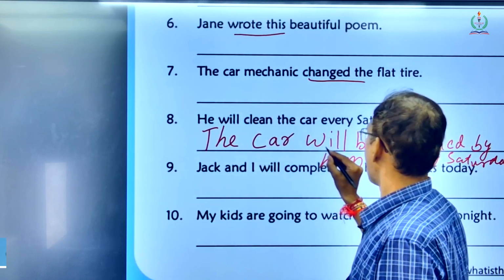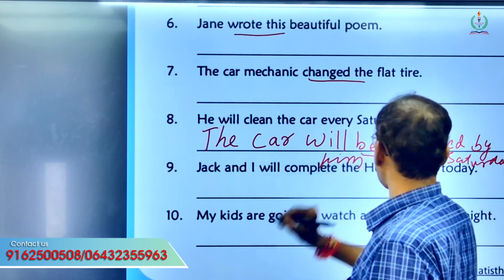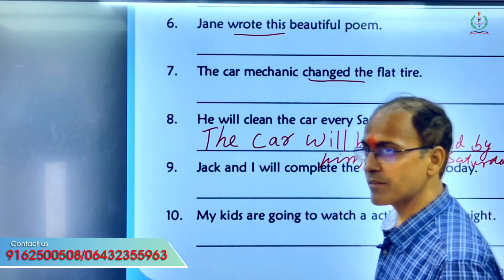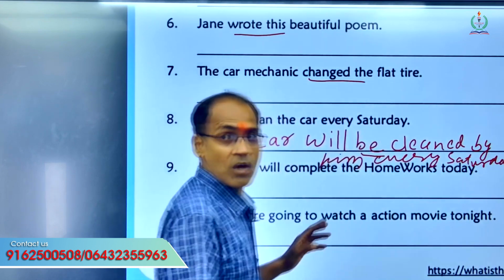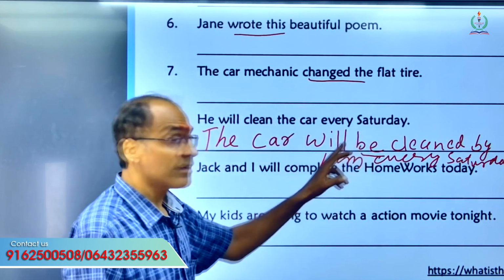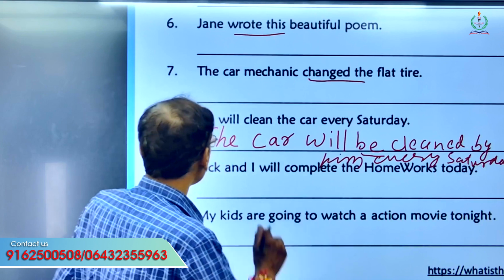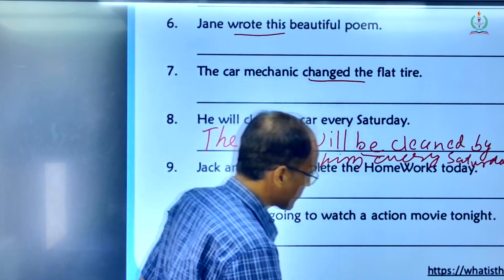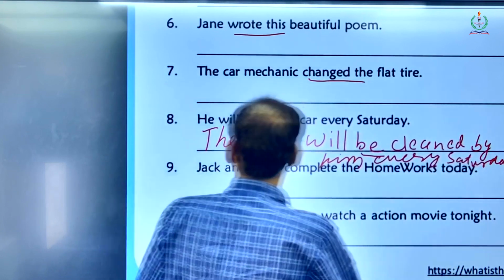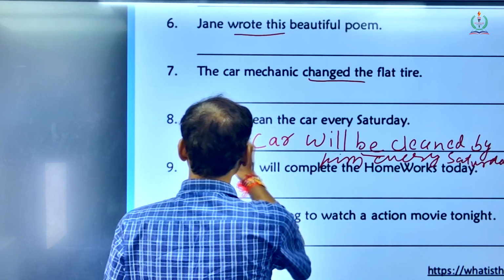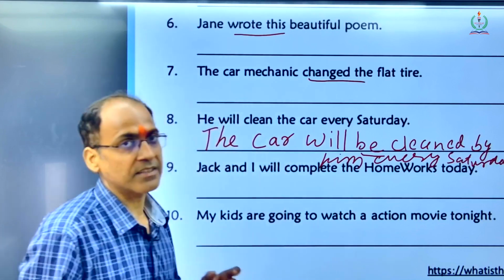Now, how come this be has come over here? We just have to see. The car will be cleaned every Saturday. So, now again we have to apply the rule of future indefinite tense.